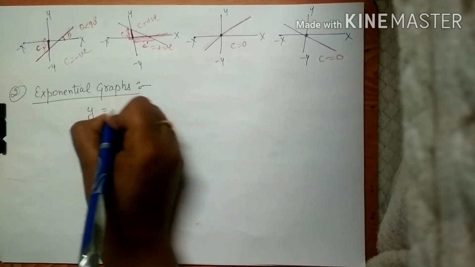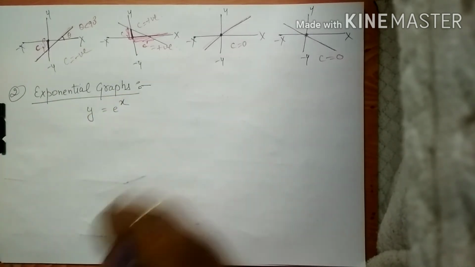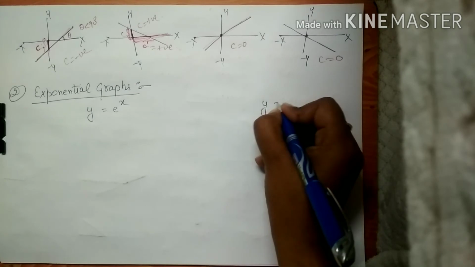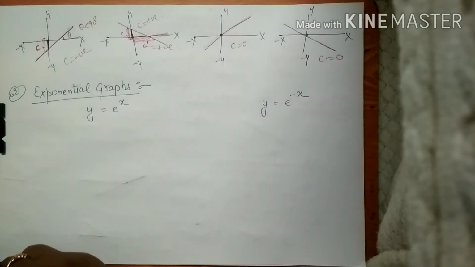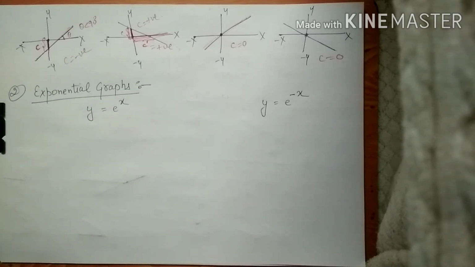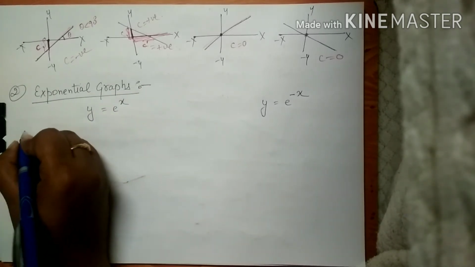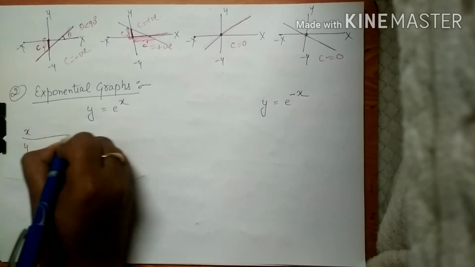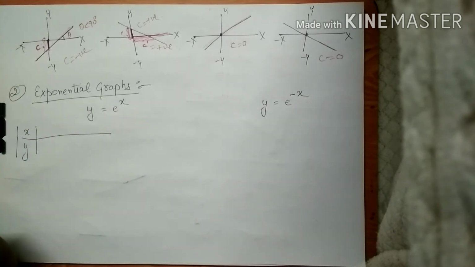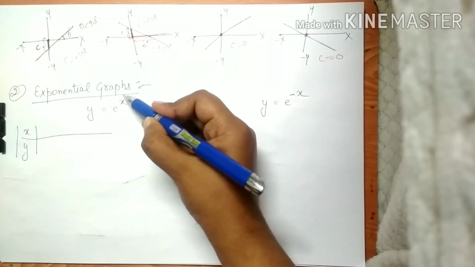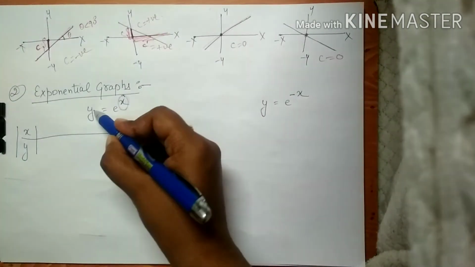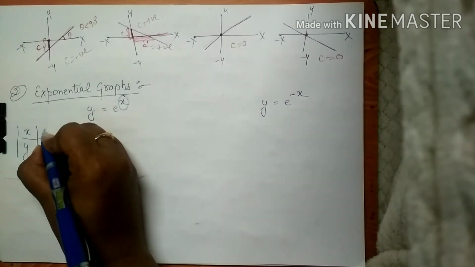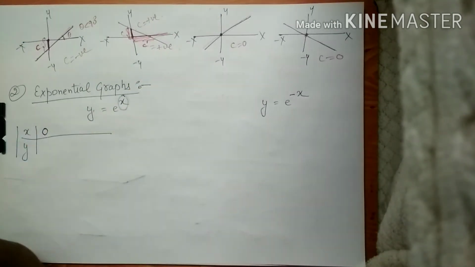One is y is equal to e to the power x, and the other is of the form y is equal to e to the power minus x. So, for y equal to e to the power x, if you want to plot a graph, first you have to take certain values of x, and when you put a specific value of x, you will get a value of y. Suppose I'm going to put the value of x equal to 0.